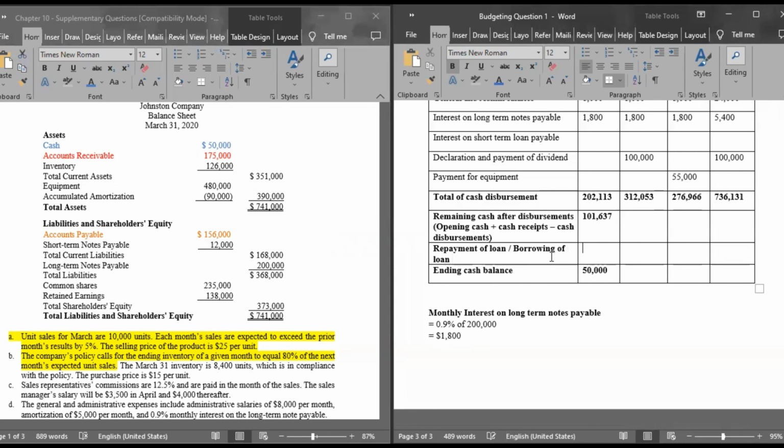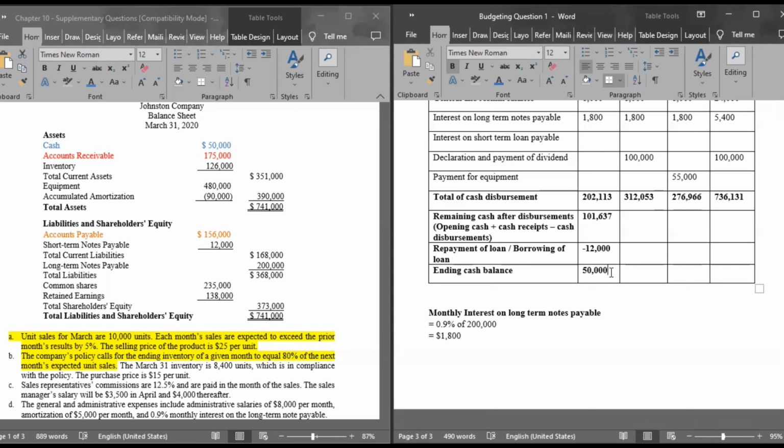So we are repaying the loan, and we will repay that 12,000. From the total of 101,637, we need to retain a minimum of 50,000, but we have more than 50,000, so it is okay. We don't need to finance more money.